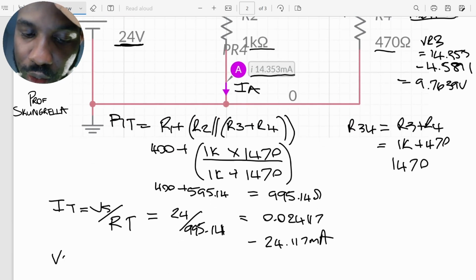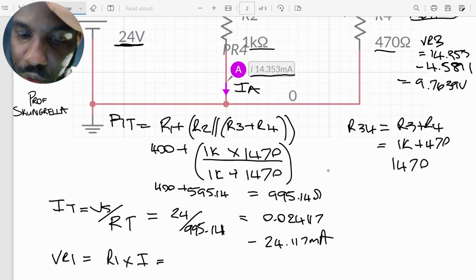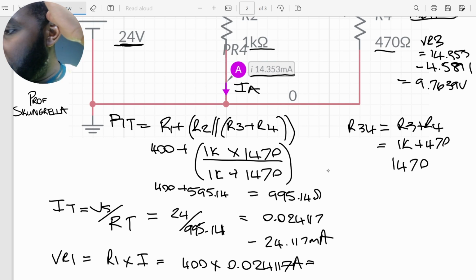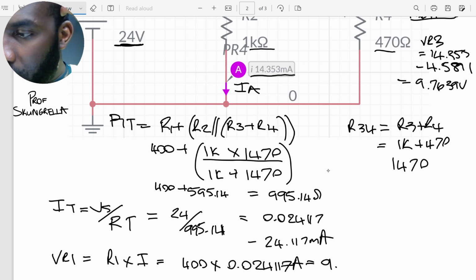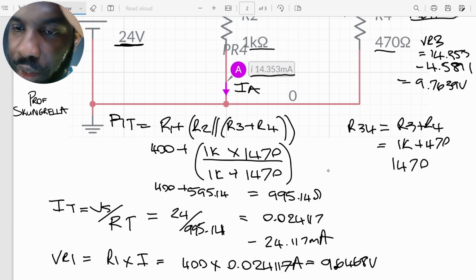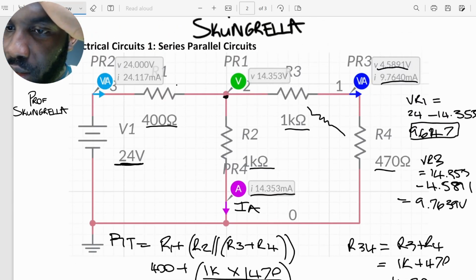VR1 is going to be equal to R1 times I, which is 400 times 0.024117 amperes, which gives me 9.6468 volts, right? Which is the same thing that we found. We found the voltage drop here to be about 9.646, right?